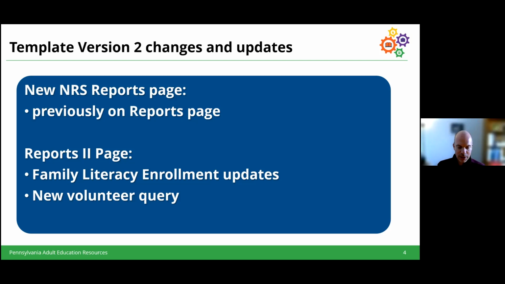There have been some updates in what we called version 1.2, and you got notification if you were in a family literacy agency about that back in December. Those updates will continue into version 2. In addition, for everyone, not just family literacy, everyone will have access to a new volunteer query on the Reports 2 page. Steve will explain the details of that in a minute.